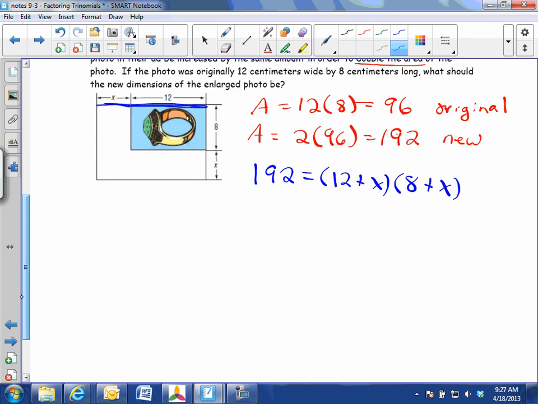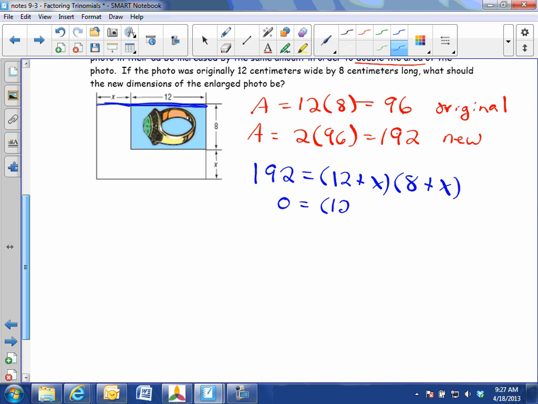Okay, so you want to subtract this over to get the zero? Not sure. What can we do? We could FOIL it out, I guess.